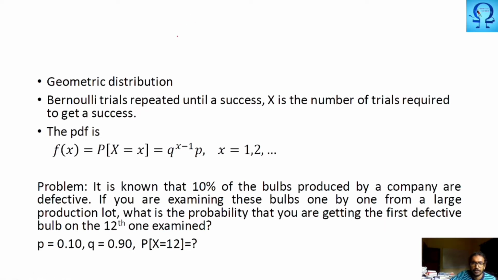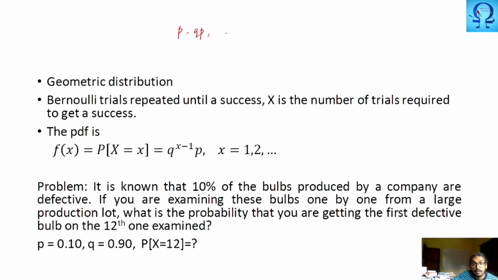Suppose we get the success in the first trial. Remember, here x is running from 1, 2, 3 onwards. If we get the success in the first trial, the probability is p. Suppose we get the success in the second attempt: in the first attempt we obtained a failure, and in the second we get the success.